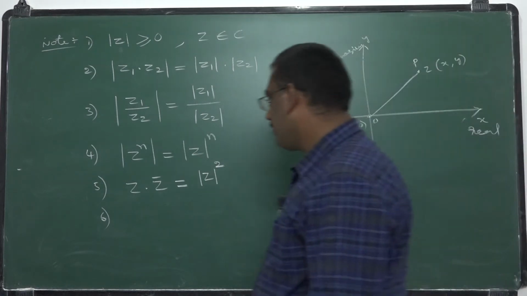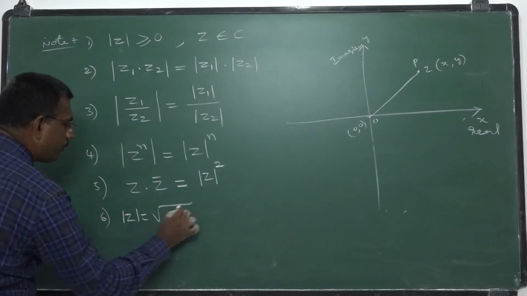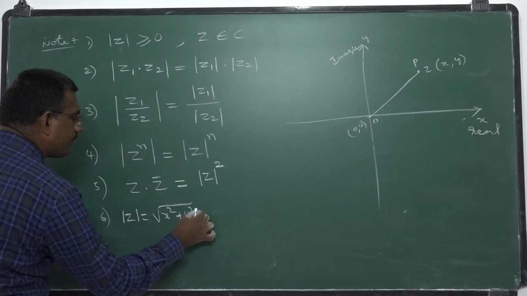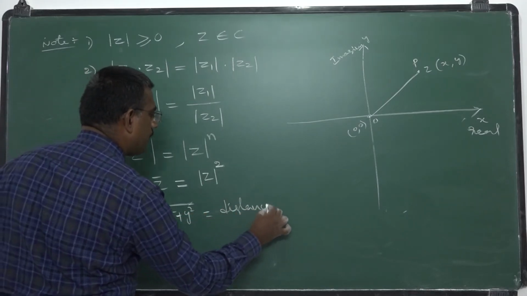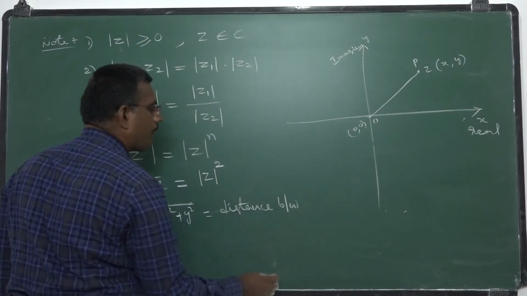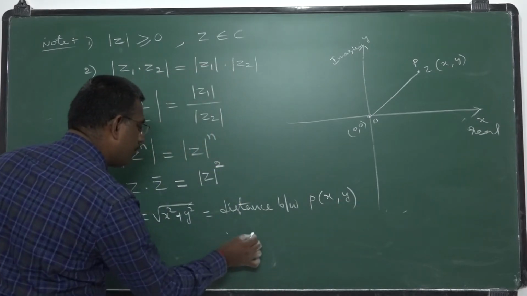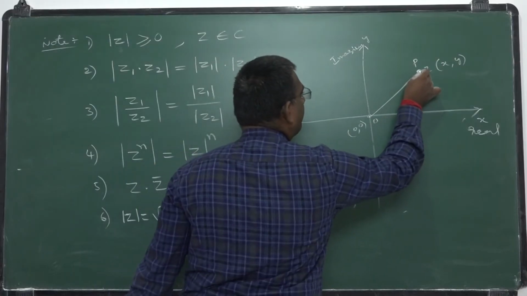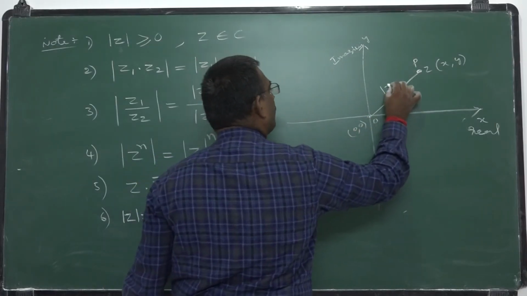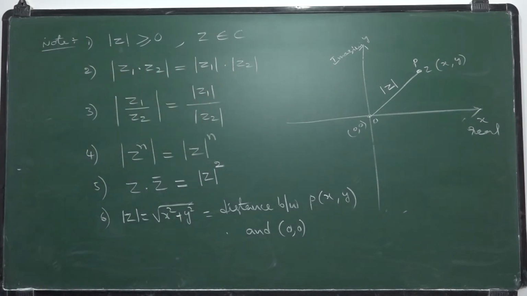So mod z is equal to root of x square plus y square. This is nothing but the distance between x comma y and 0 comma 0. This distance is called modulus of a complex number. Okay.